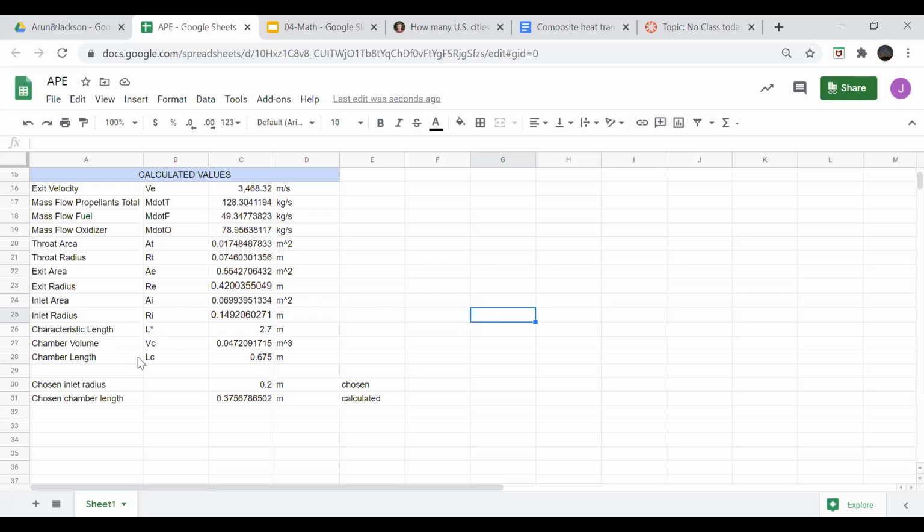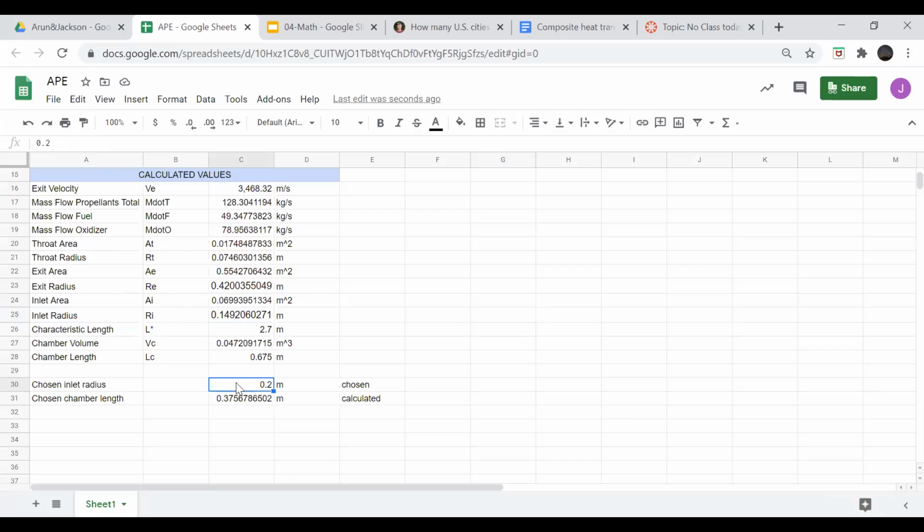So the inlet area, we actually did it 2 ways in this spreadsheet. The first way is just 4 times the throat area, since that's generally the rule of thumb I've seen in most textbooks on how to make sure your combustion assumptions are still valid.